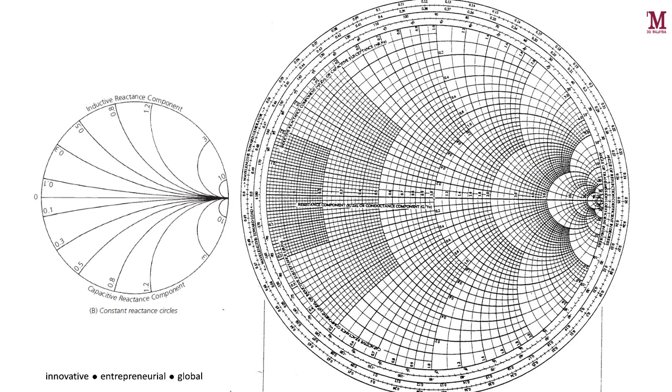While on the top and at the bottom, you can see the reactance lines. From here going upwards, this represents the reactance value. You can see it's 2.0, 3.0, and then 1.0.